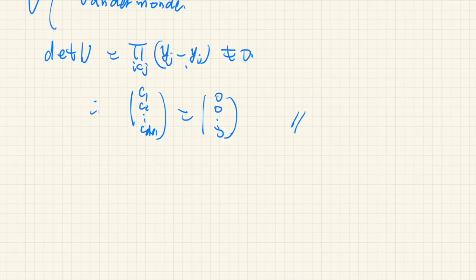So after all, as long as the values of y's are distinct, the reproducing kernels k_{y1} up to k_{y_{d+1}} are linearly independent.